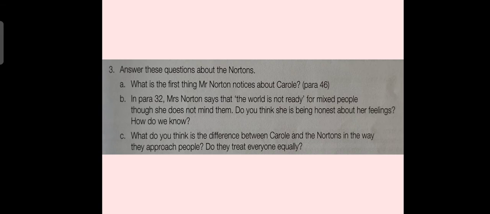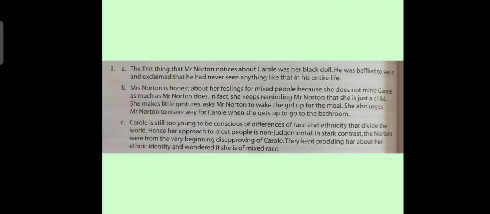Question C. What do you think is the difference between Carol and the Nortons in the way they approach people? Do they treat everyone equally? Answer C. Carol is still too young to be conscious of differences of race, ethnicity that divide the world.